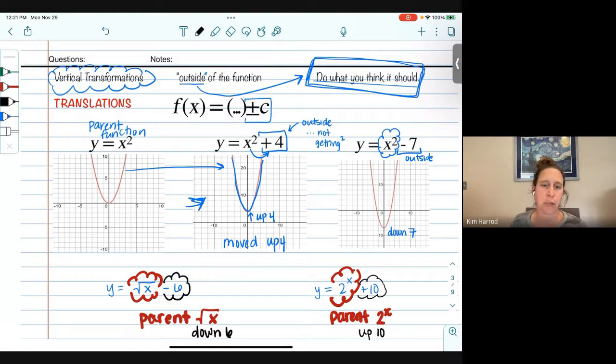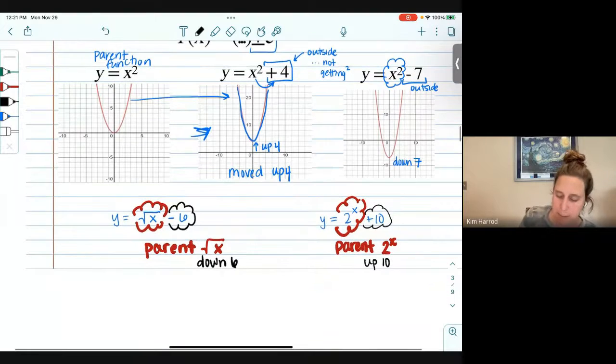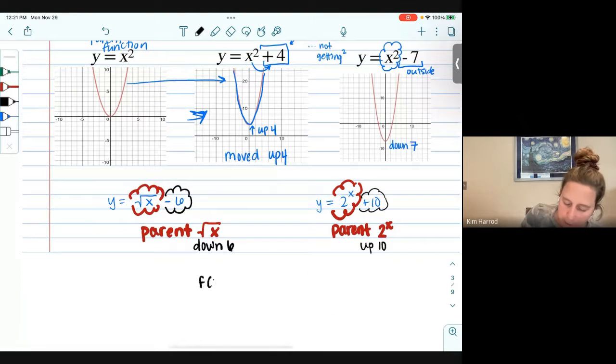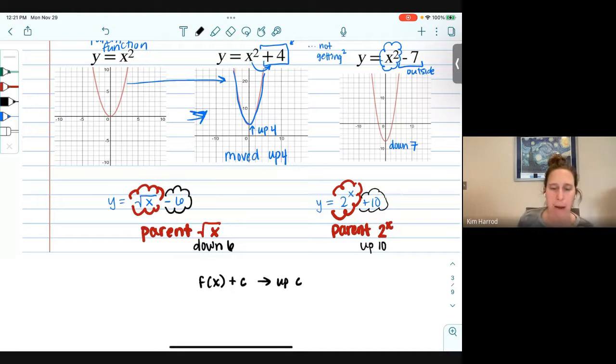So translations are really straightforward when it comes to the vertical direction. Plus is up, down is minus. So if you want to summarize that, when you have your function plus a number, that is going to move up by whatever that amount is.